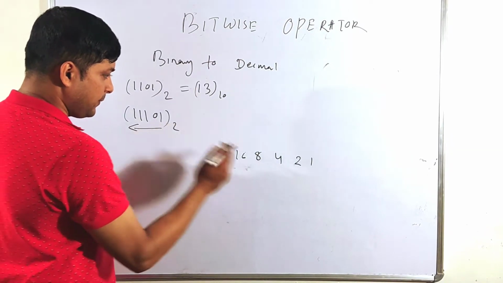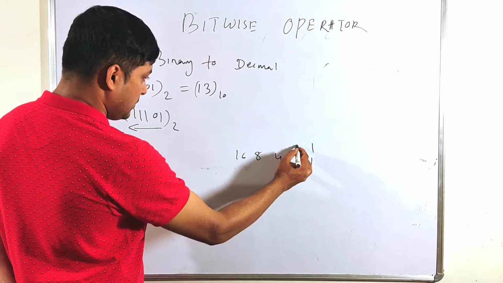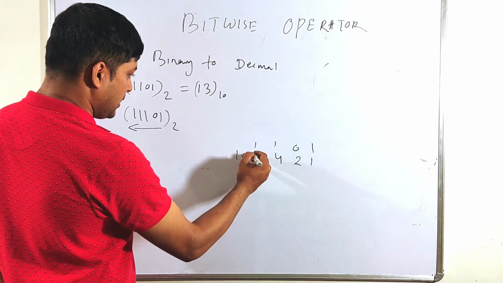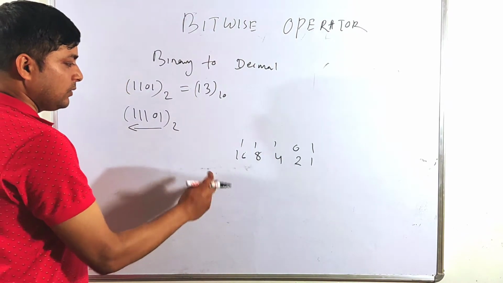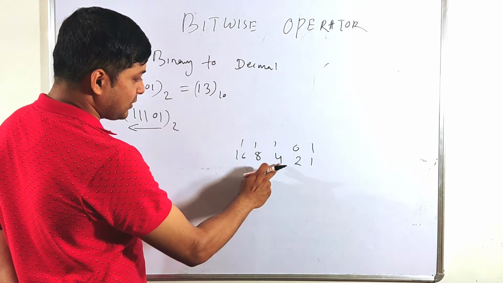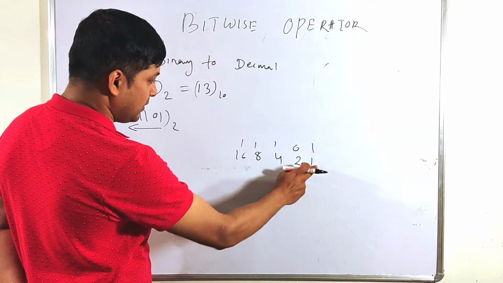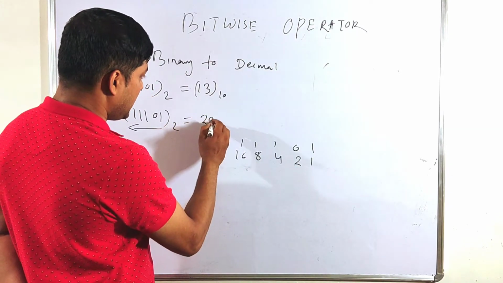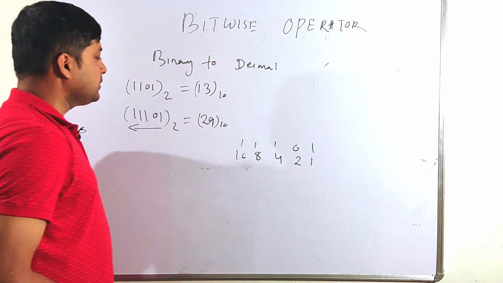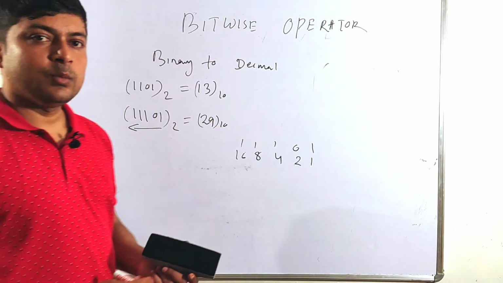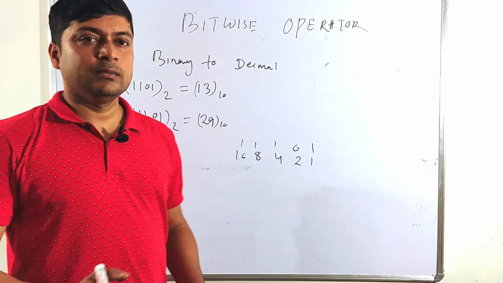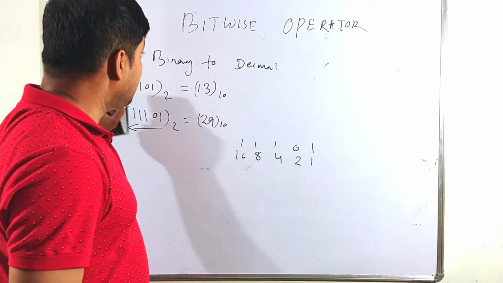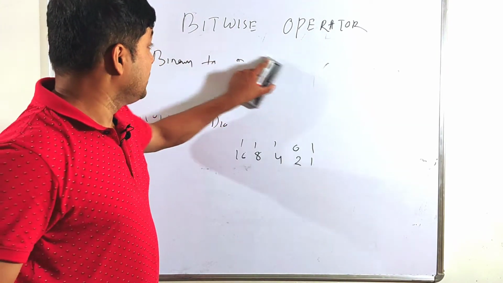First 1 here, then 0, then 1, then 1, then 1. So add those values: 16 plus 4 is 20, 28, 29. The answer is 29. This is the easiest way to convert binary to decimal and decimal to binary.